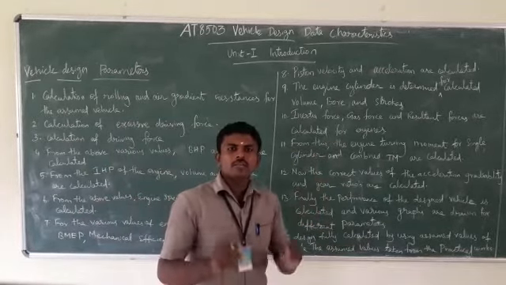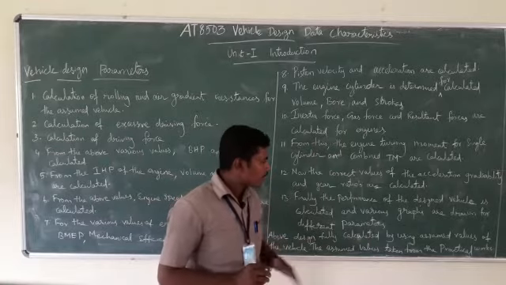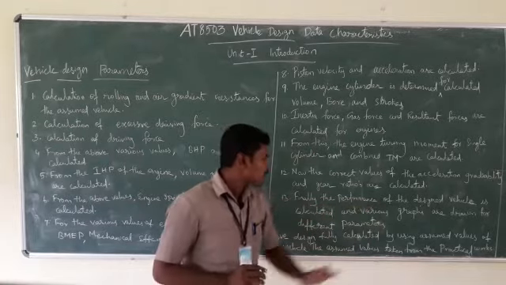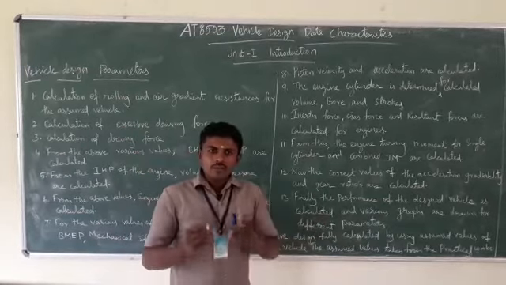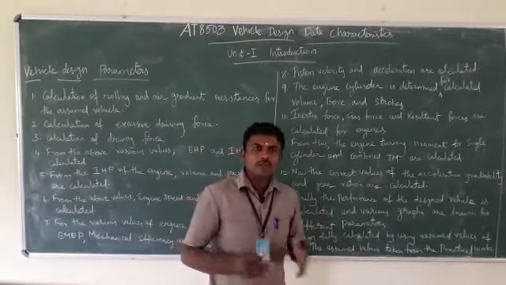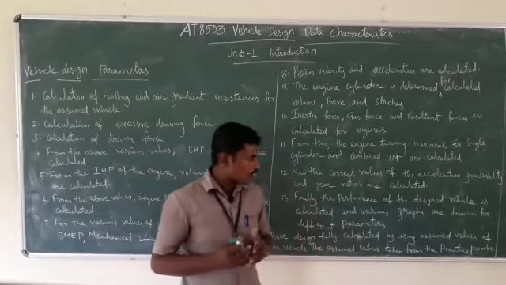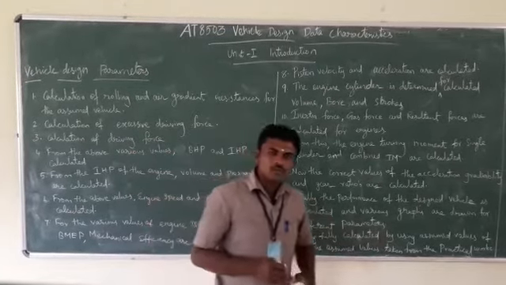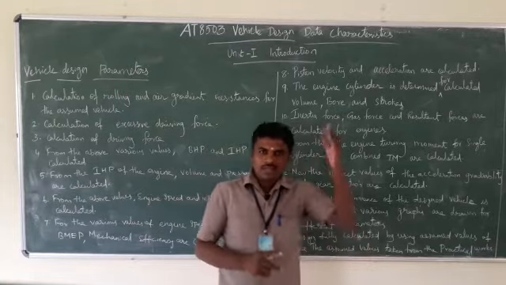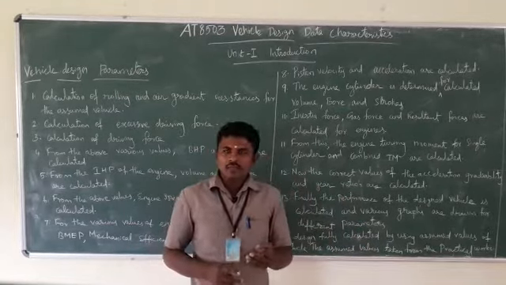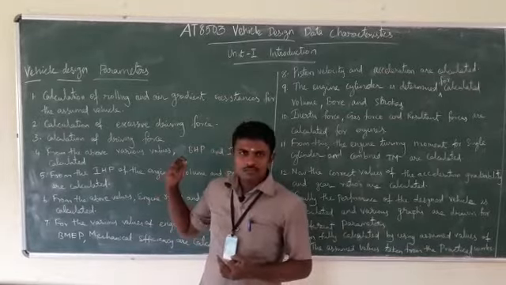finally we need to check the performance of the designed vehicle, and we need to plot n number of graphs. N number of graphs means based on the performance we need to draw graphs, torque diagrams and power.